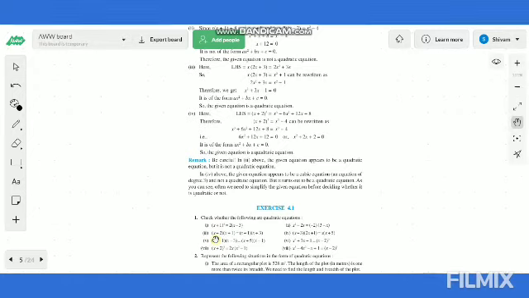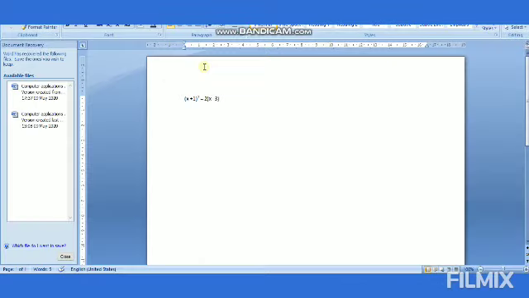This can be solved to check whether it is a quadratic equation or not, by solving the given equation. So let me start question 1 of exercise 4.1.